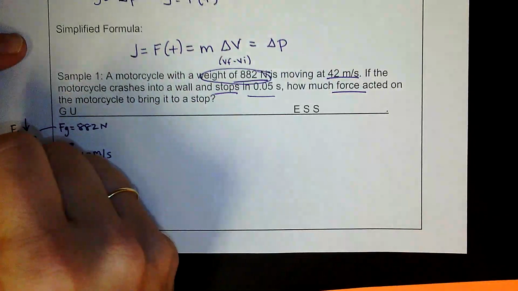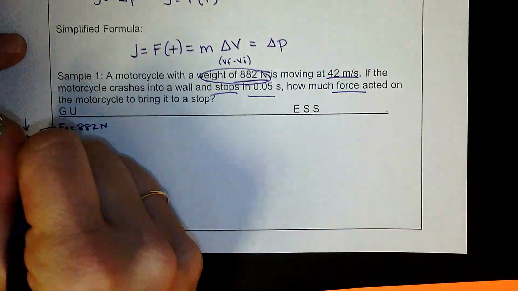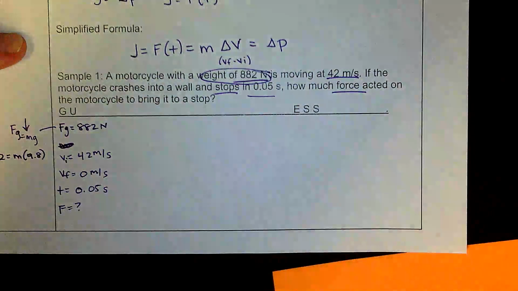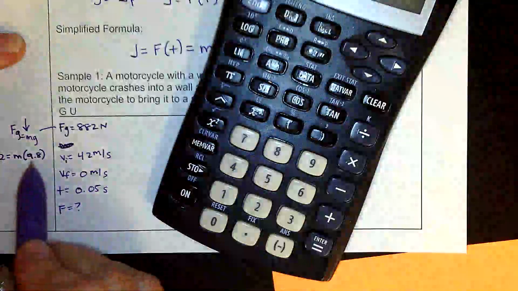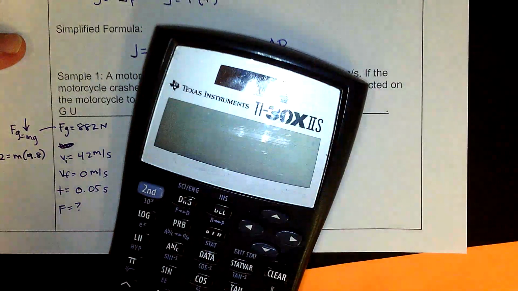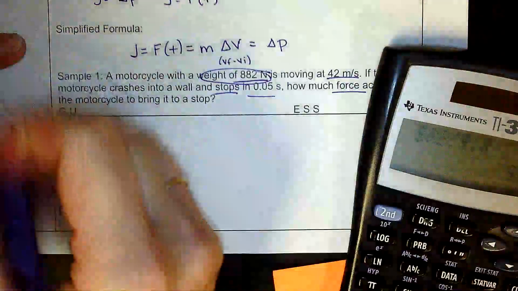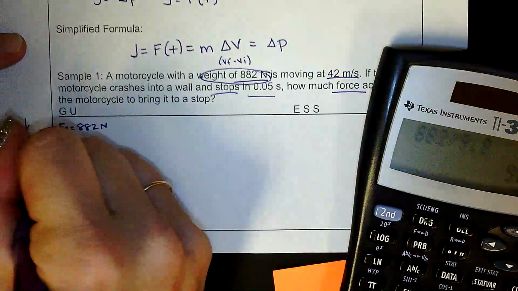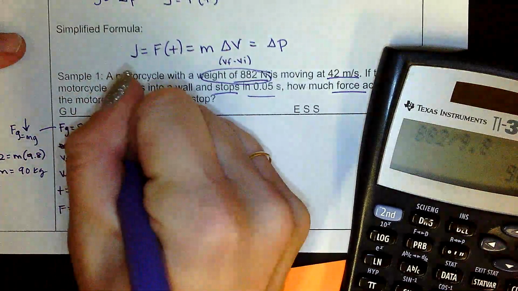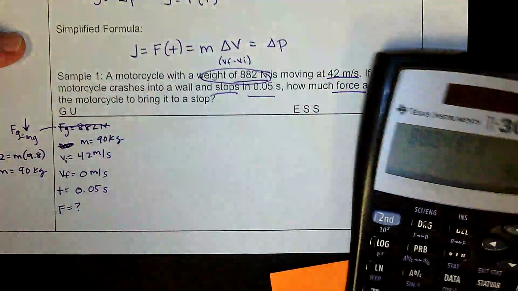So I'm going to take 882, divided by 9.8. You can do a negative 9.8 there. It doesn't really matter because this would be negative, that would be negative, and they cancel out. Either way, you know mass can't be negative. 882 divided by 9.8 is 90. So I also have a mass of 90 kilograms. So just another given that I know, and I'm not going to use the weight anymore.